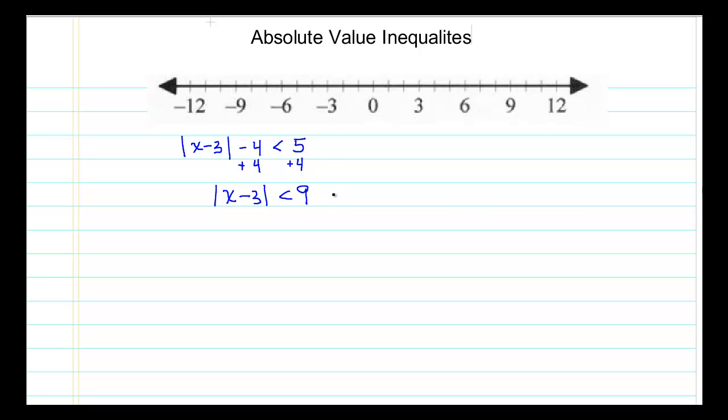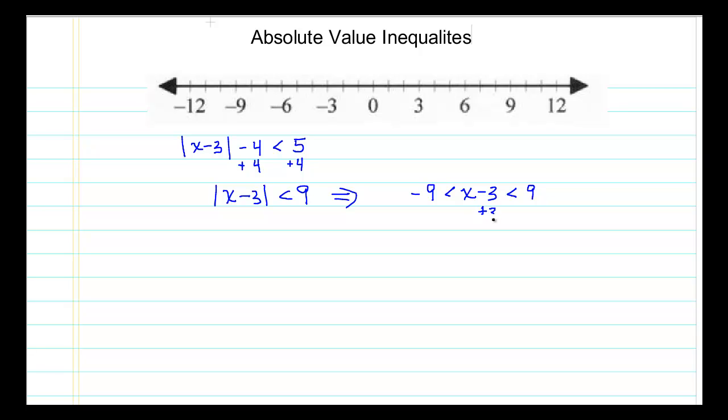And now we can do what we've been doing on these problems when we have the absolute value expression less than a number: we will turn it into a compound inequality. So we know that x minus 3 must be between positive 9 and negative 9. This time we're using 9 because we have this number here.